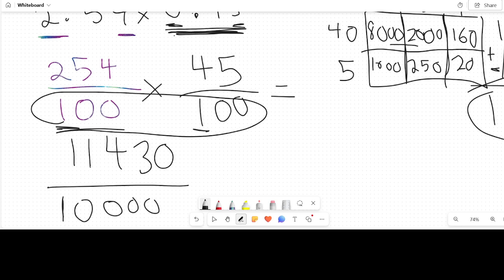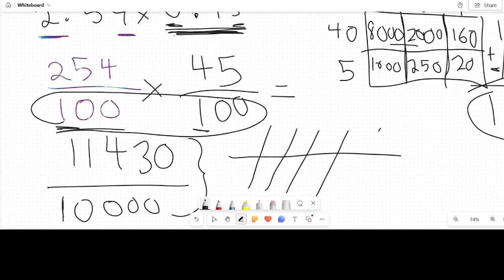So I find that the simplest way for kids to make sure that they can convert their answer into decimal form easily is by making a place value chart. So this is my 10,000ths, my thousandths, my hundredths, my tenths, and then my decimal point goes here, and then my ones.